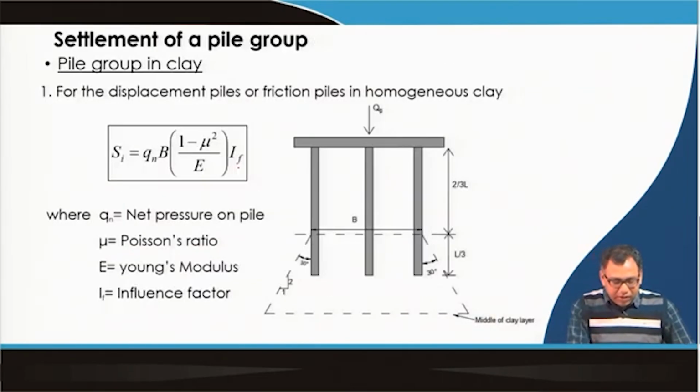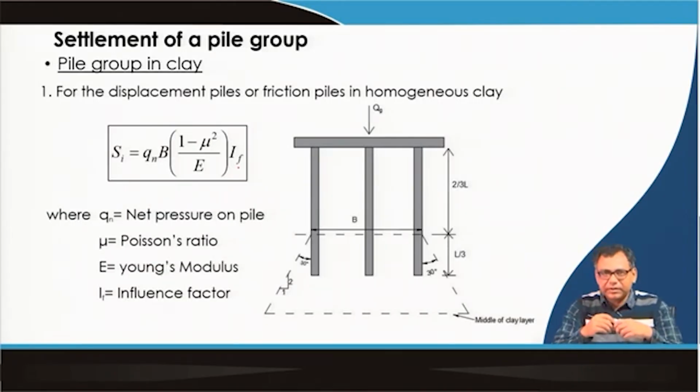Now the next one is the settlement of the pile group in clay, because in clay the settlement is a very serious effect. As we have discussed, settlement has a significant effect on your design if the soil is clay.